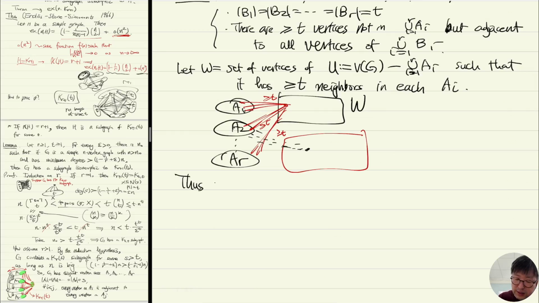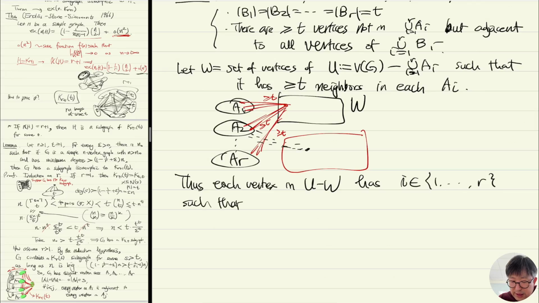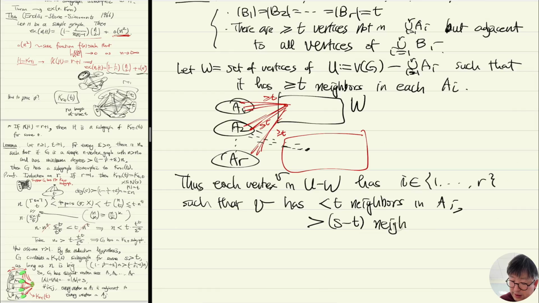So thus, each vertex v in U minus W has some i in 1 up to R such that v has less than T neighbors in Ai, meaning that more than S minus T non-neighbors in Ai.